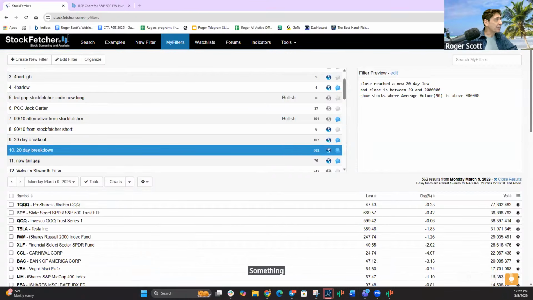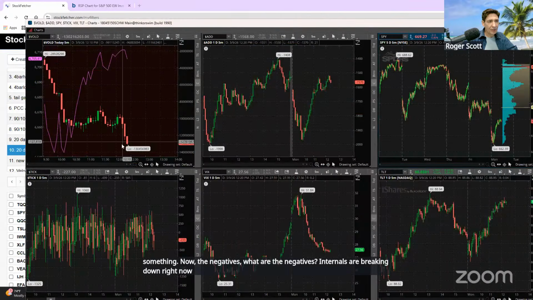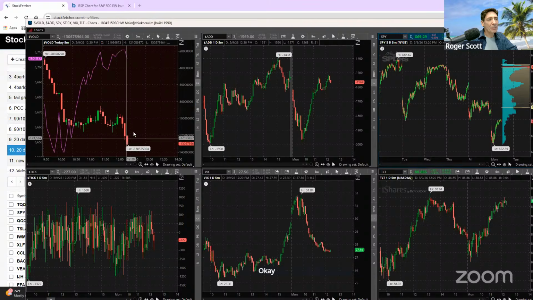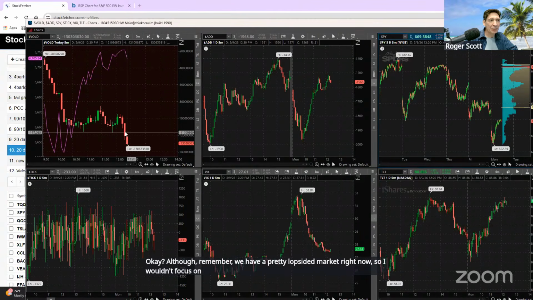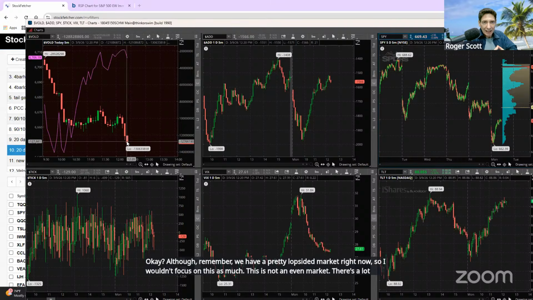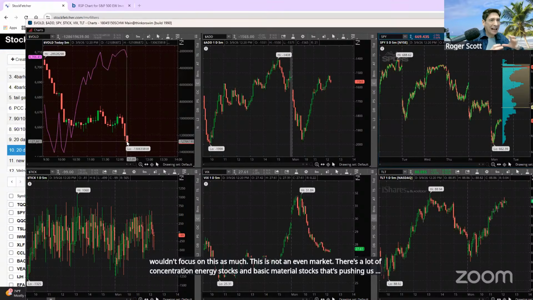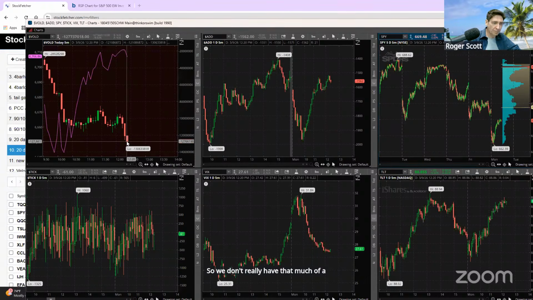Now, the negatives. What are the negatives? Internals are breaking down right now. Although remember, we have a pretty lopsided market right now, so I wouldn't focus on this as much. This is not an even market. There's a lot of concentration in energy stocks and basic material stocks that's pushing us down. So we don't really have that much of a balance.